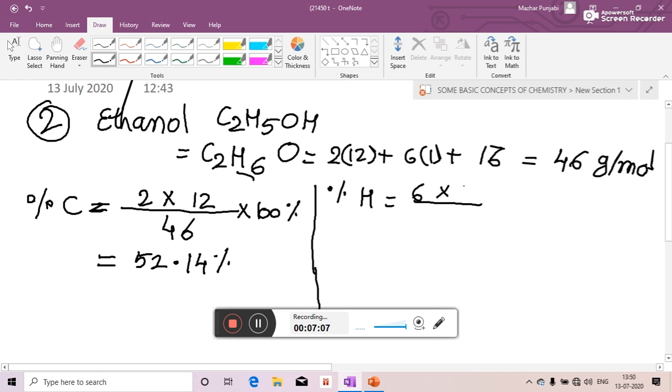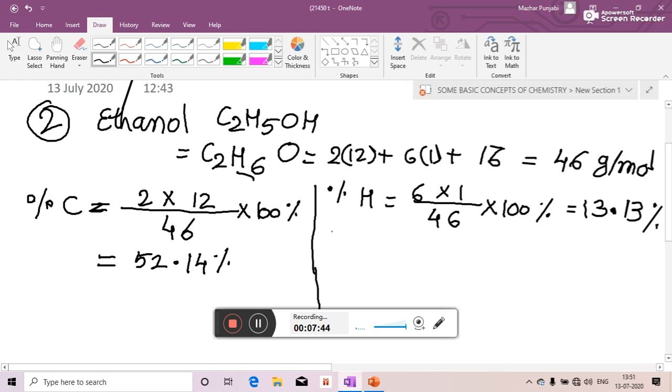So 6 into mass of single hydrogen atom, which is 1, divided by molar mass of ethanol 46, into 100%. So that is equal to 13.13%.